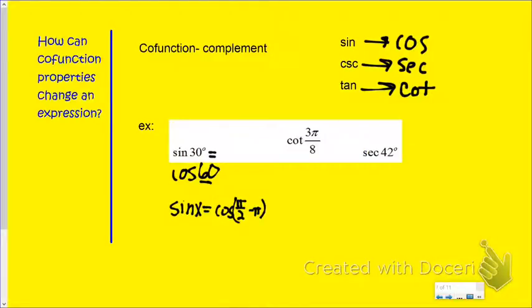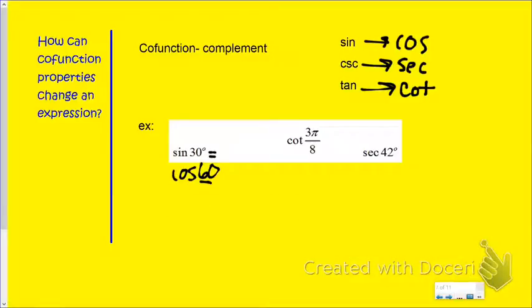Just remember pi over 2 in radians is 90 degrees. Okay, so pi over 2 is 90 degrees. And that's basically what we did here. And that should have been an x, not a pi. Sorry about that. Okay, so we did the same process here. I said the sine of 30 was equal to the cosine of 90 minus 30, which gave me 60.